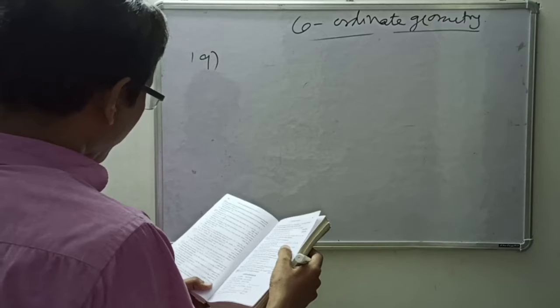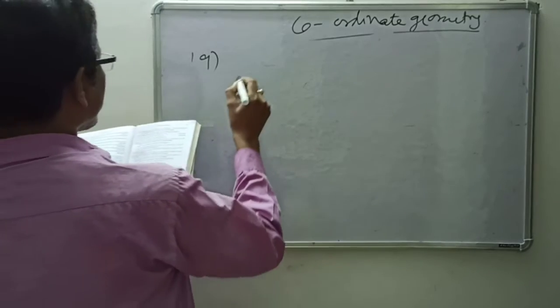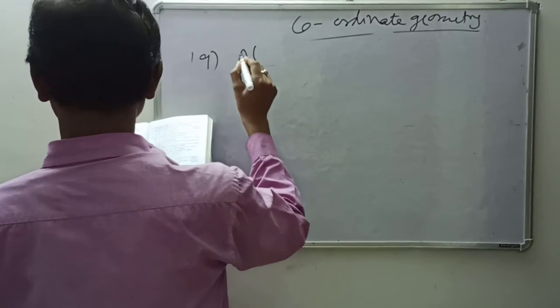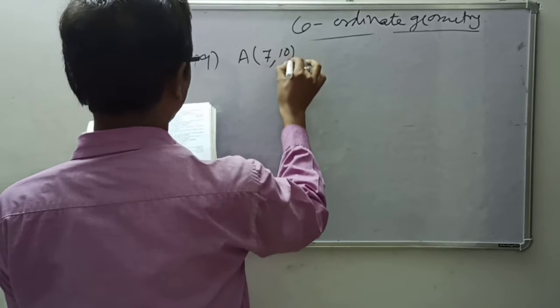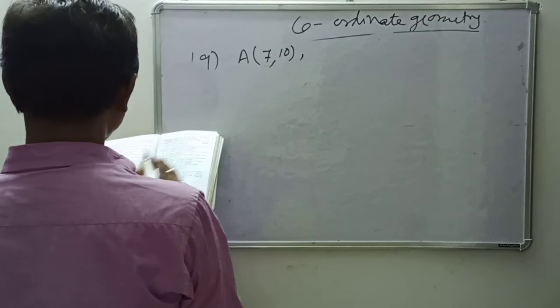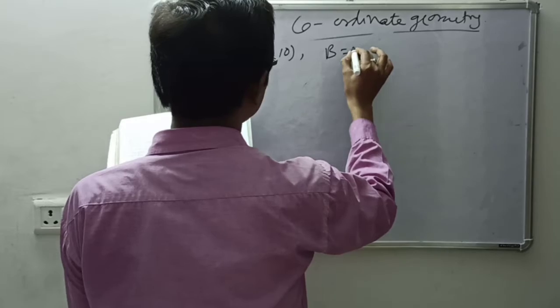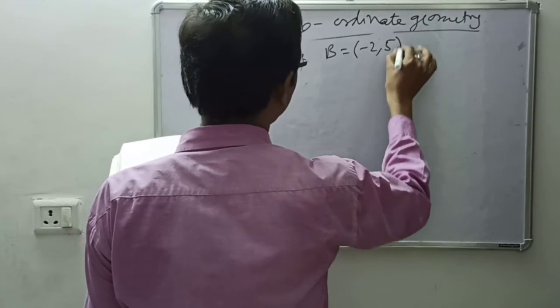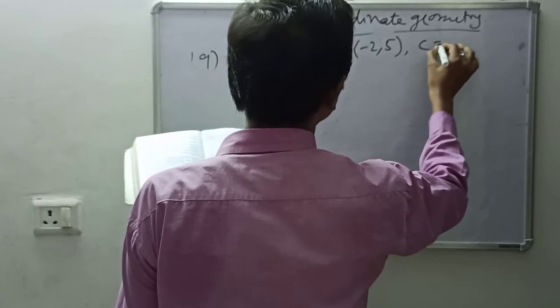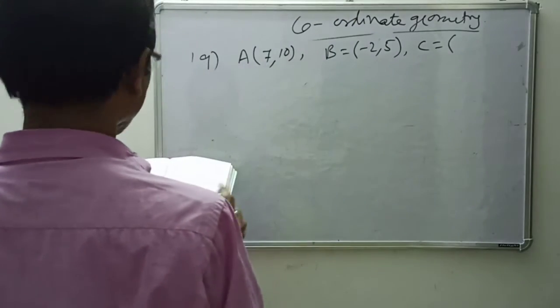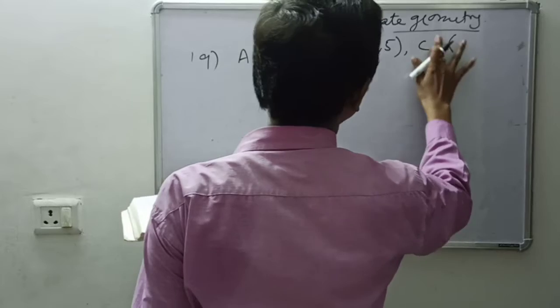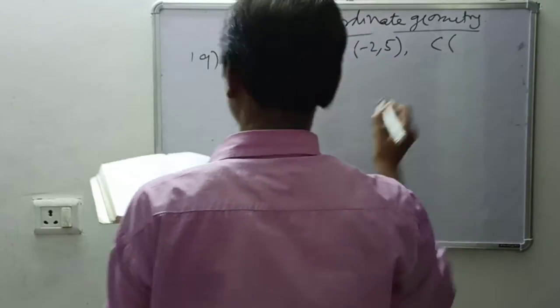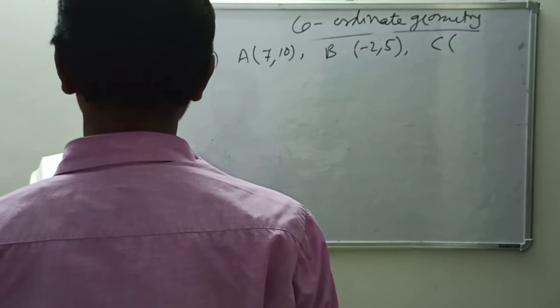Prove that the vertices or the points A coordinate is having 7, 10, and B coordinate is having -2, 5, and C, C का coordinate form में लिखो, C the coordinate is having 3, -4.